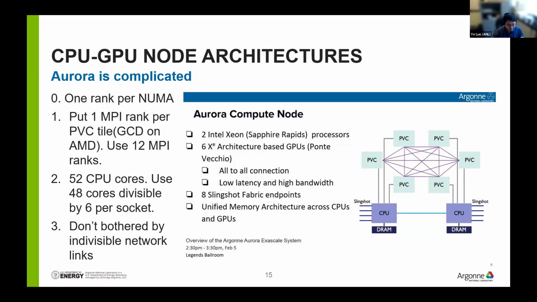So how are we going to do it? The solution is we only use 48 cores on each socket. As I mentioned, there are more cores, and QMCPACK doesn't need to use all of them as long as you are running on the GPU.